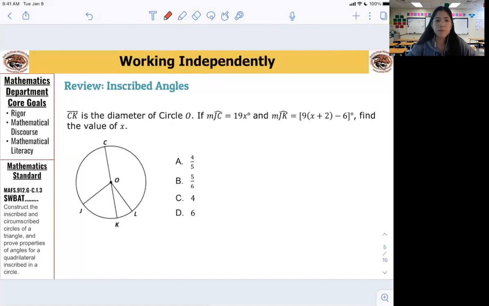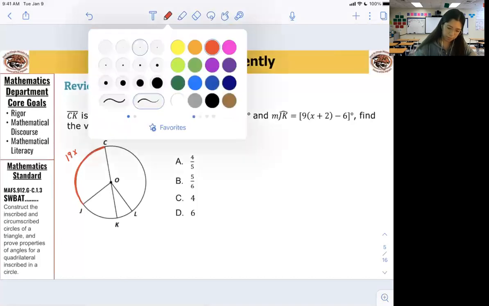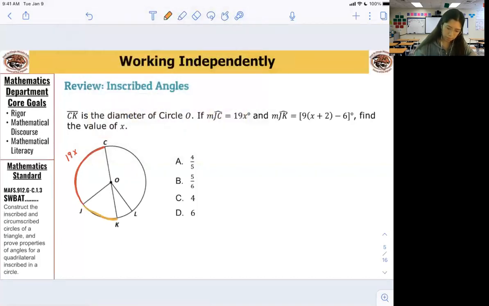Line segment CK is the diameter of circle O. If the measure of JC equals 19x and the measure of JK equals 9 times x plus 2 minus 6, find the value of x. Okay, JC is 19x and JK is 9 times x plus 2 minus 6.